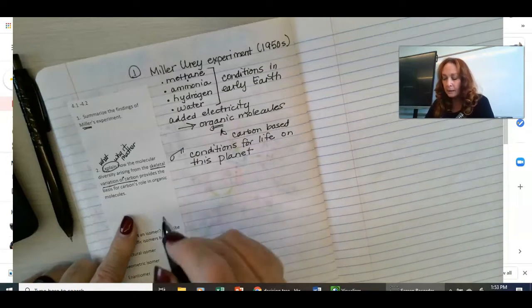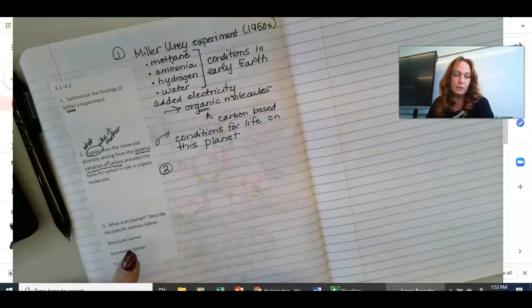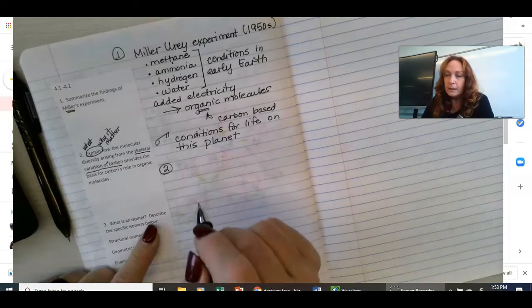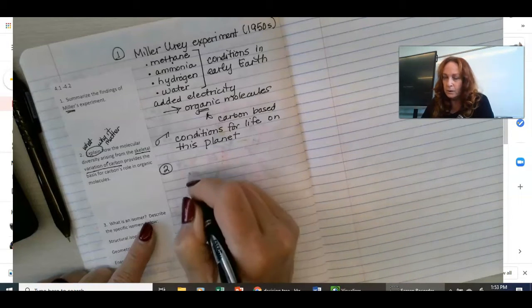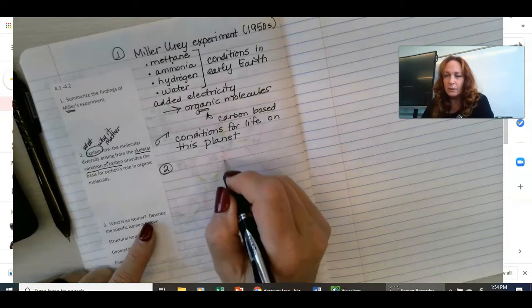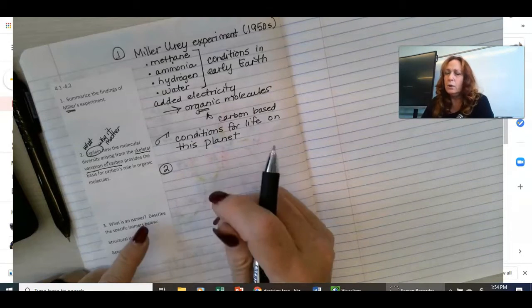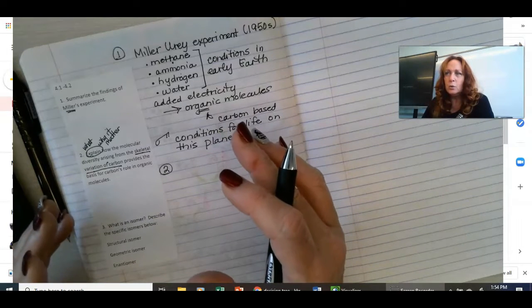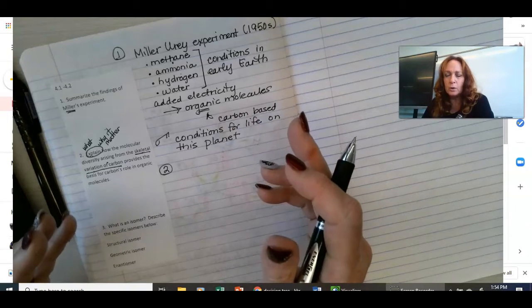So carbon, this is 2, and I have no idea how many pages this is going to take. I'm just telling you. So here's the deal with carbon. Carbon is the smallest atom on the periodic table that has 4 valence electrons. Small's powerful. Once you get big, you start losing the ability to have atomic forces powerful enough to do what you want to do.